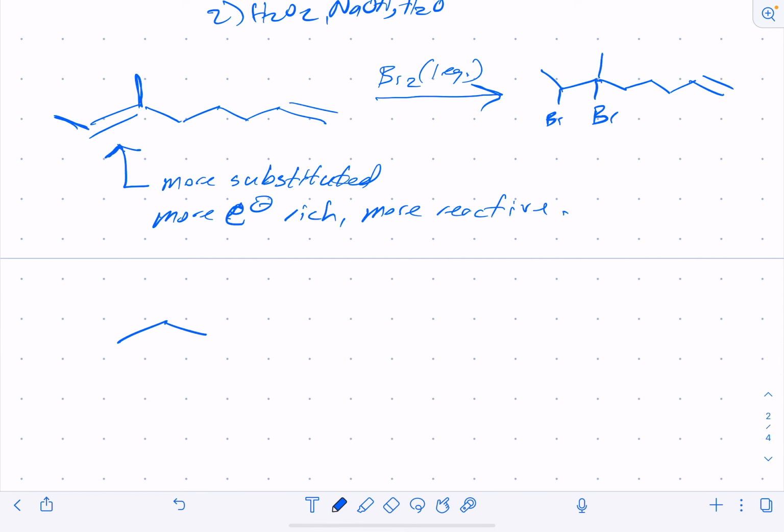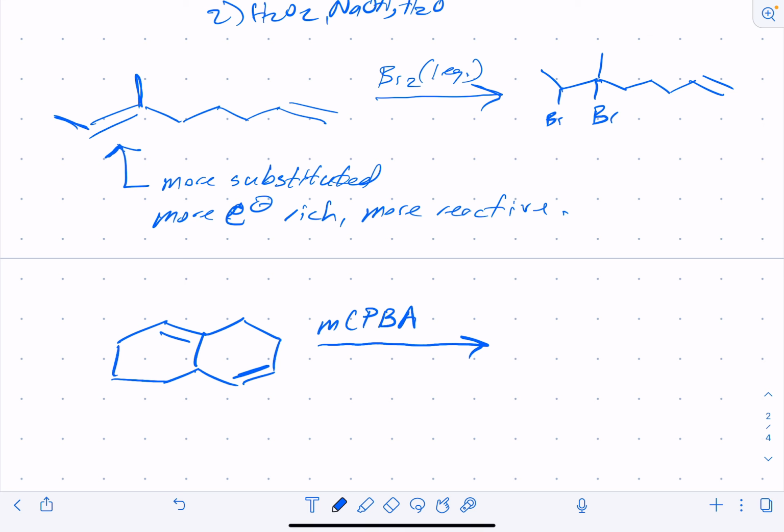So we can look at other examples of this. So here's a system where I have two isolated double bonds. They're not in conjugation. And let's say I want to do something like a reaction we just talked about in the last chapter, an MCPBA epoxidation.